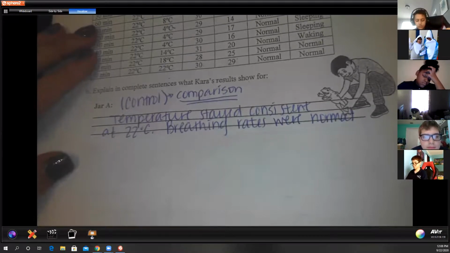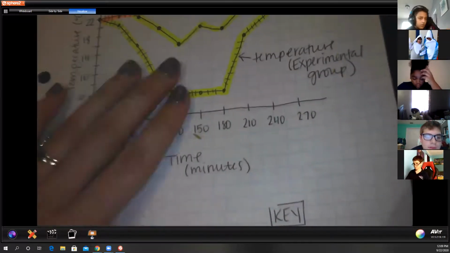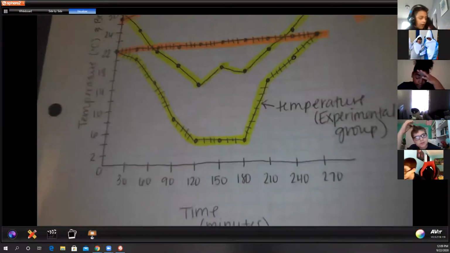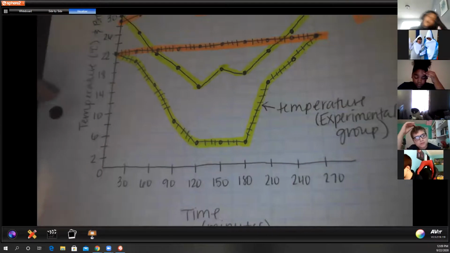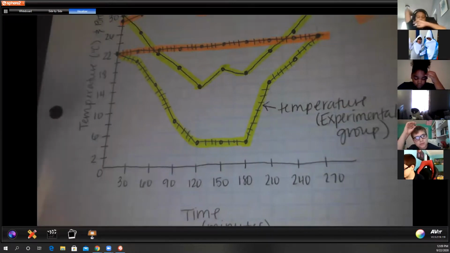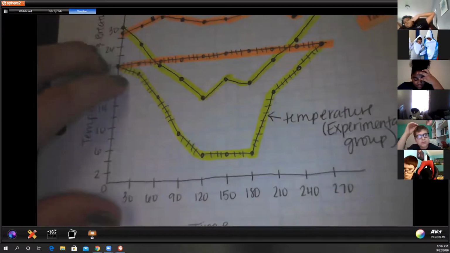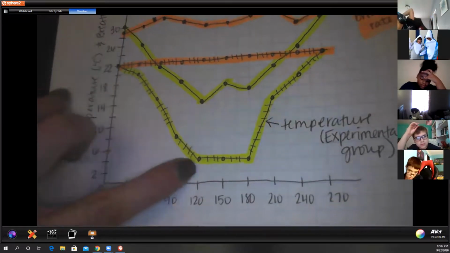What about the second one? What about jar B? Let's reiterate those terms, the words increased, decreased. Tell me in a scientific way what happened. Landry. Okay, so let's talk about the words increase and decrease. As temperature decreased, what happened to breathing rates?